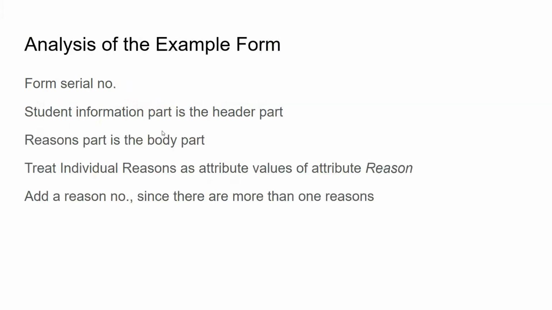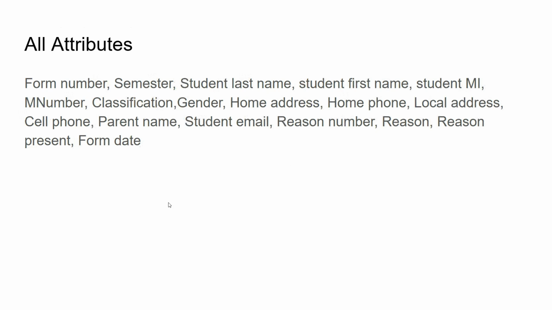Okay. And based on this example, we have serial number, and the student information is part of the header part, and reason part is the body part. So that's the header and body, and individual reasons as attribute values of attribute reason. Okay, so we'll call reason an attribute, and that check true false will be the actual value for reason. All right. So we'll also add a reason number, since there are no serial numbers to track.